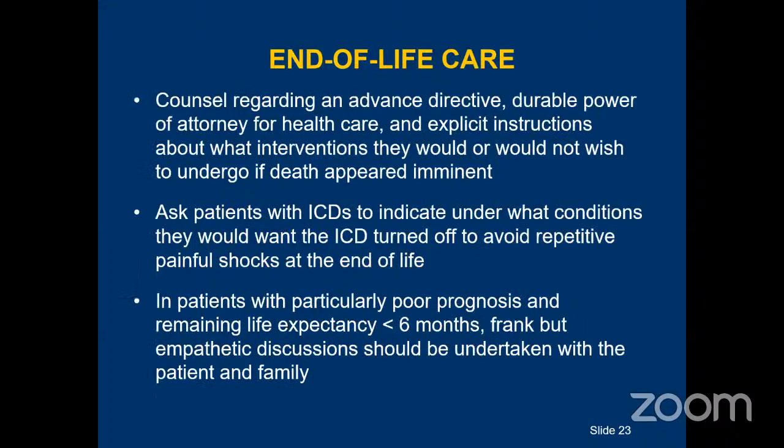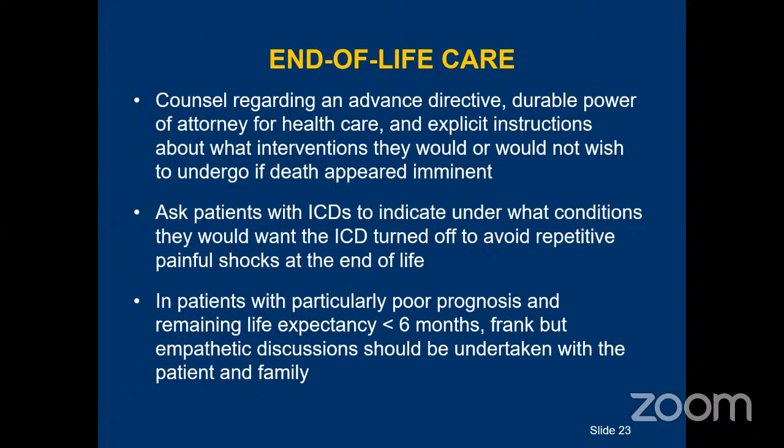Coming to end-of-life care. Counsel regarding an advance directive, durable power of attorney for healthcare, and explicit instructions about what interventions they would and would not wish to undergo if death appeared imminent. Ask patients with ICDs to indicate under what conditions they would want the ICDs turned off to avoid repetitive painful shocks at the end of life.